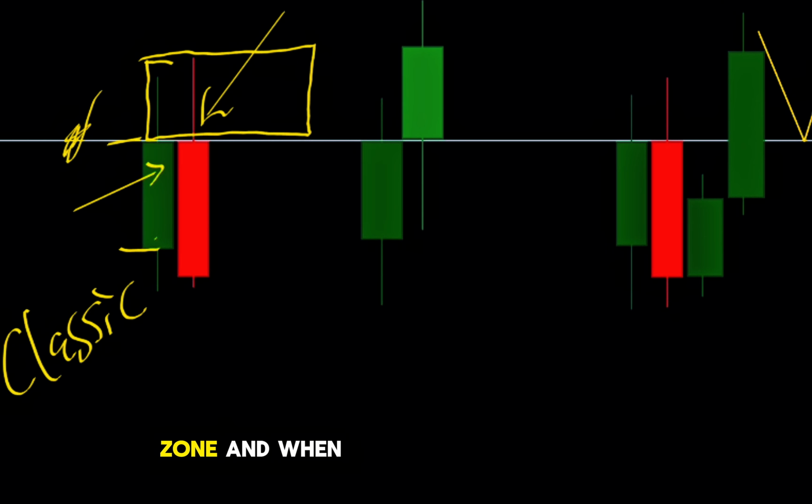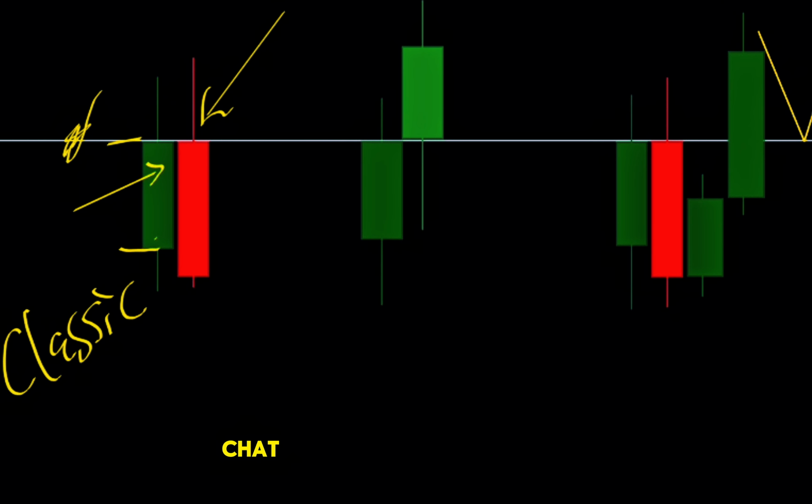That becomes the zone, and when I use the chart, I'll be able to do it better for you. So this is it. It does not matter whether it is an engulfing or not. The candle can close less or much further down, looking like an engulfing, and if it does that, it's also okay.